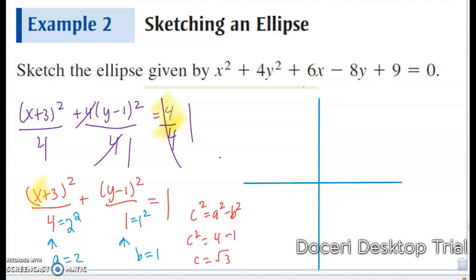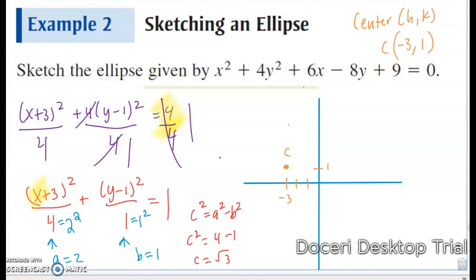So how do we find the center? Remember the center is (h, k), which in this case is h equals -3 and k equals 1, so it's (-3, 1). Here's the center of my ellipse.